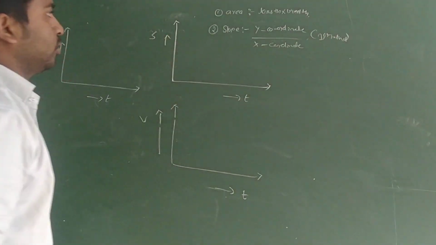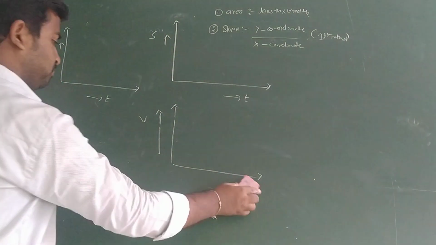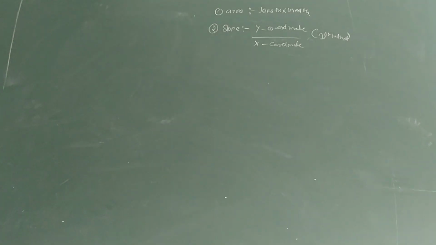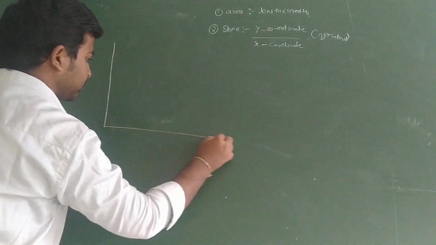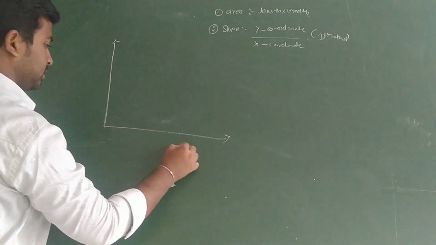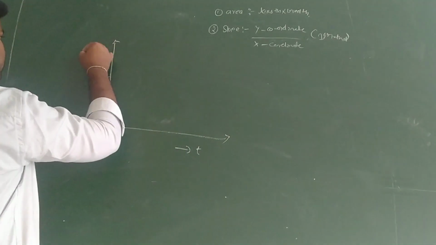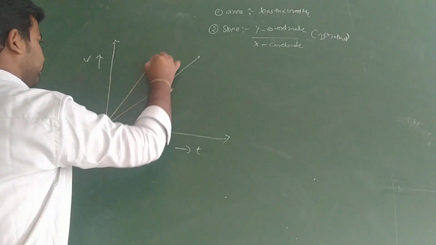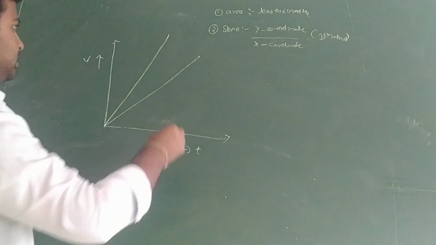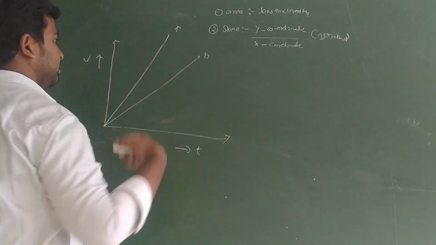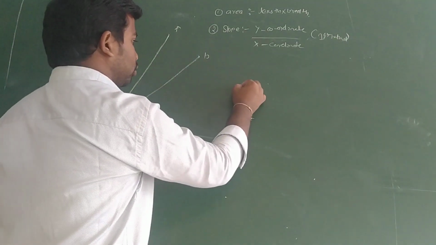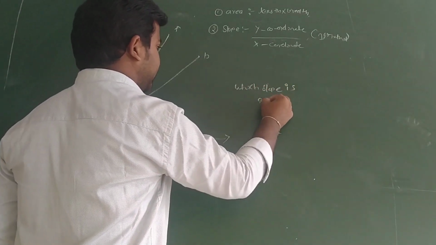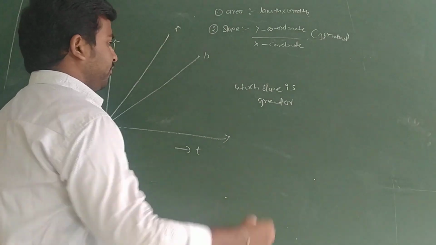And now I am going to discuss the second method with you, right? First I am taking this is t, this is velocity. I am taking two lines, A and B. The question is, which slope is greater in the VT graph?